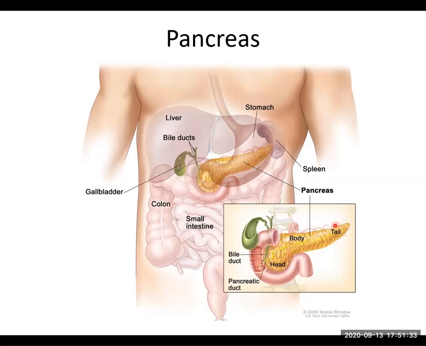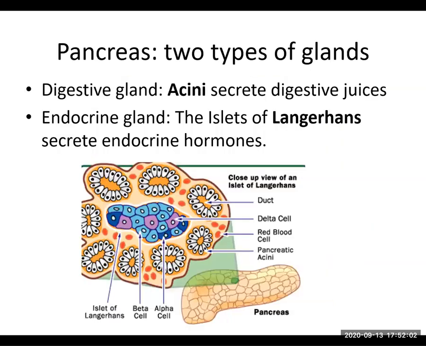In addition to that, we also have cells here, alpha cells, beta cells, gamma cells, to produce hormones. These hormones are not going to lead down here, because an endocrine hormone, by definition, goes into the blood and circulates in the body. So they are produced here and go into the blood and circulate in the body. So the pancreas has two types of gland.